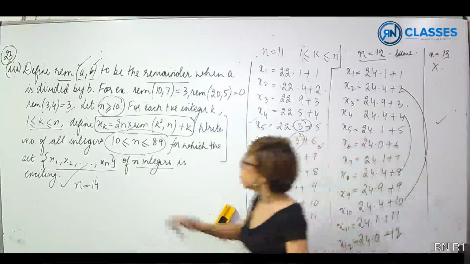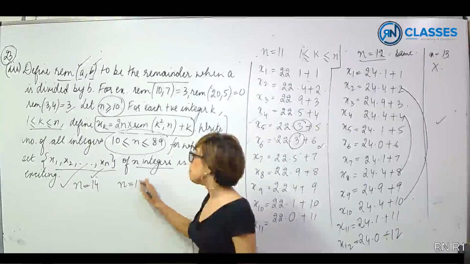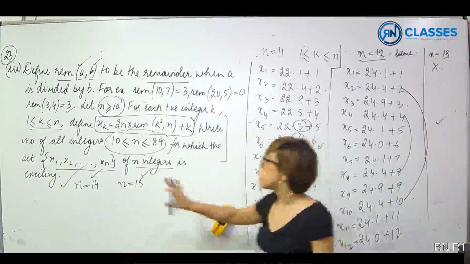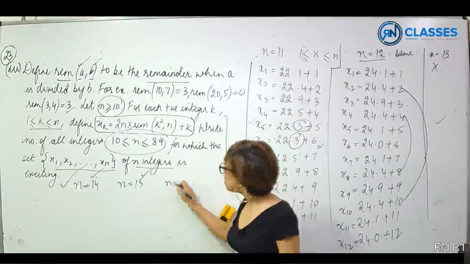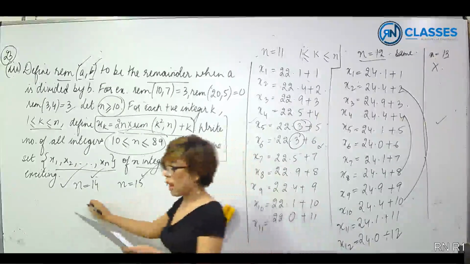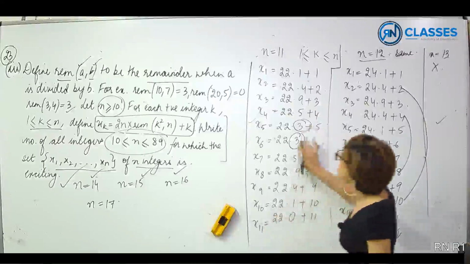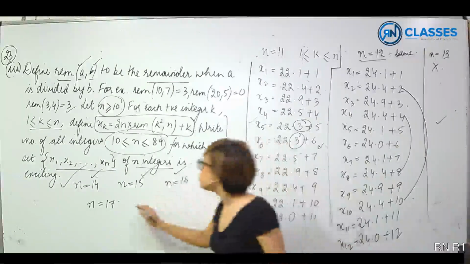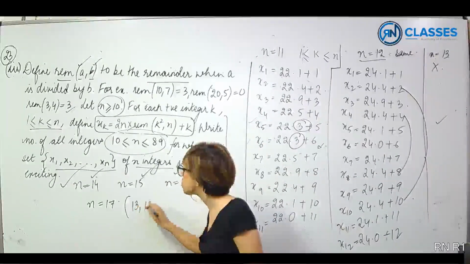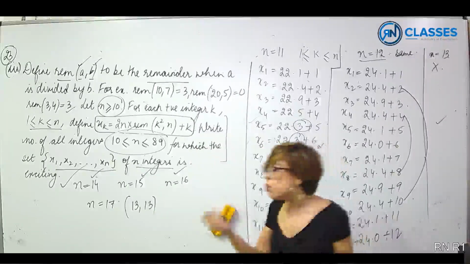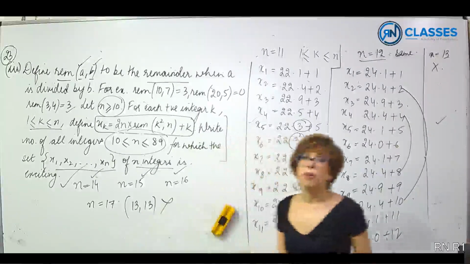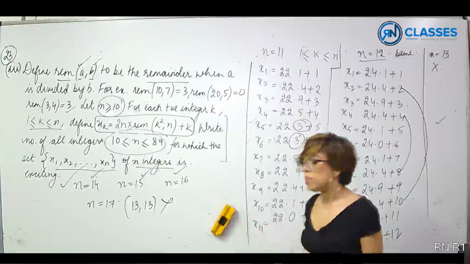That happens in 14. 15 also, you will not be able to find this kind of repetition. That is why you are able to find it. 16, the same way. Now, when you come to n is equal to 17, again repetition is there. 3 comes here, right? In n is equal to 17, 13 repeats, right? And you are not able to find the exciting integers in this case.